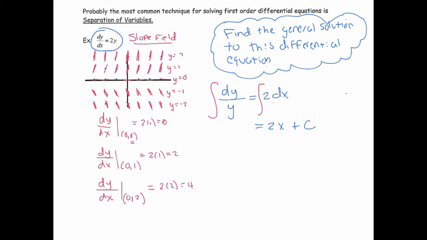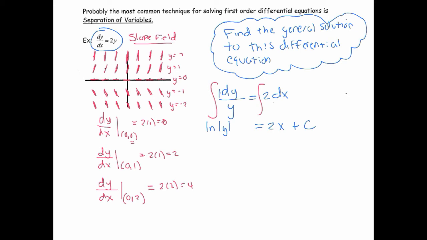The antiderivative of 1 over y, which is essentially what this is, is the natural log of the absolute value of y. Now, you don't need to put a plus c here, because if you put a plus c on the left and there's a plus c on the right, you could always group those together on one side and have one big plus c. That's just a constant, so it doesn't matter if you leave it off one side. I usually keep it on the right side.